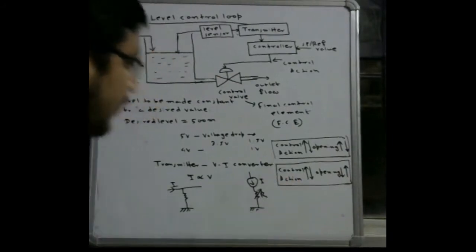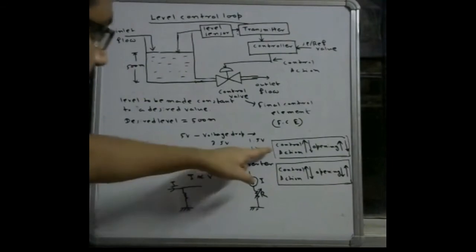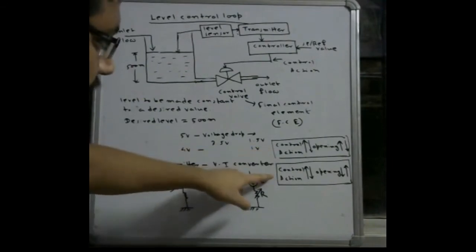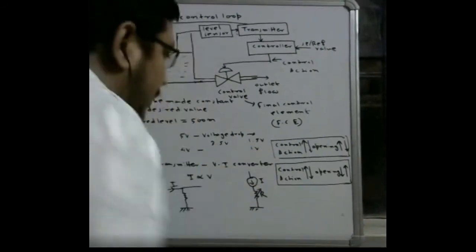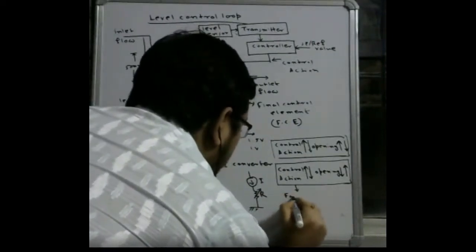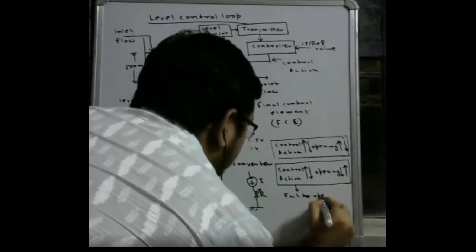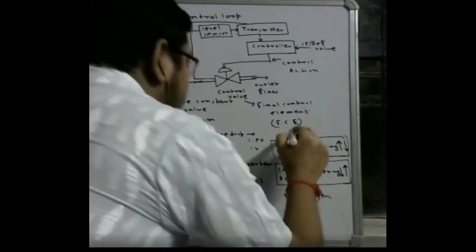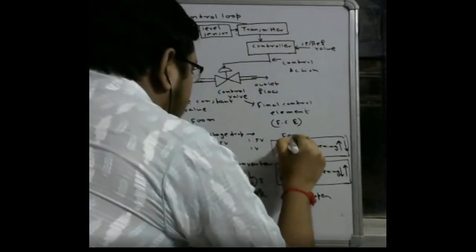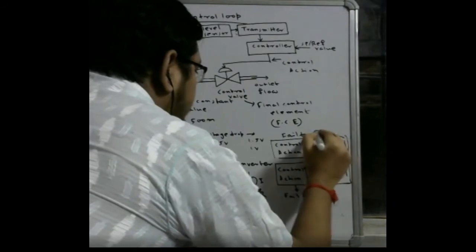This type of valve is called fail to close. This type of valve is called fail to open. This one is called fail to open, and this type of valve is called fail to close type.